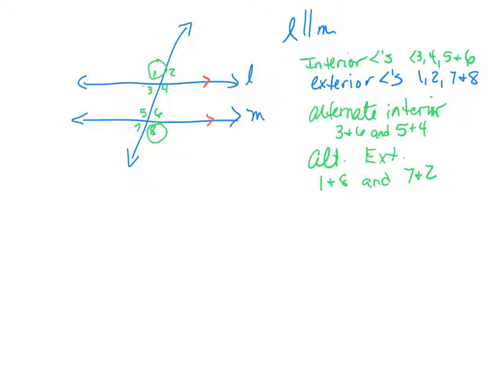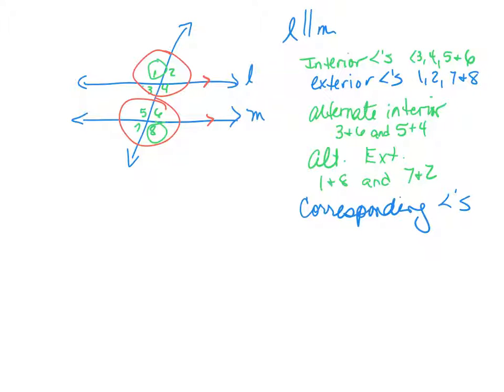Now we have another one that people forget to use, and that is corresponding. Corresponding angles are angles in the same position at the two intersections. Does everybody see there's two intersections, this one and this one?